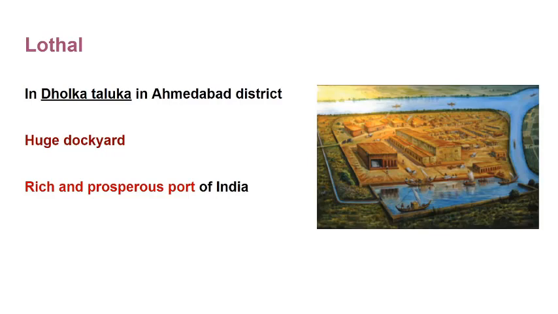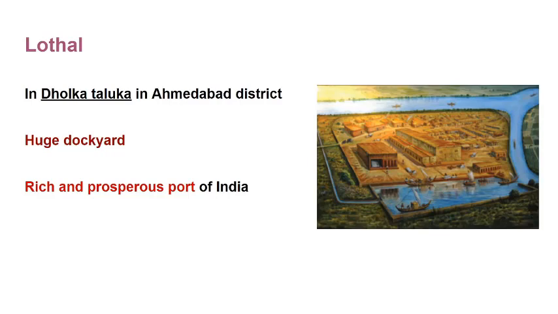It was gateway to Western Asia for the Harappan civilization and for overseas trade of semi-precious stone, beads, copper, shell, cotton goods and ivory. So you can say that it was the richest and most prosperous port of India during that time.